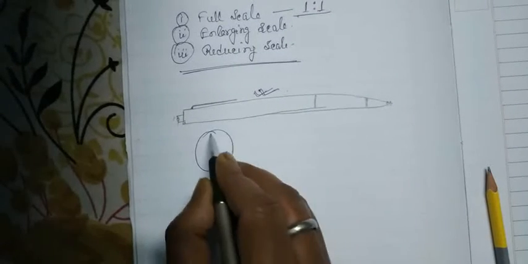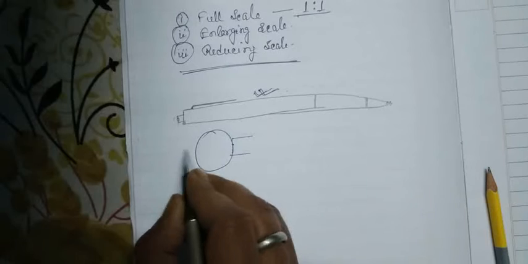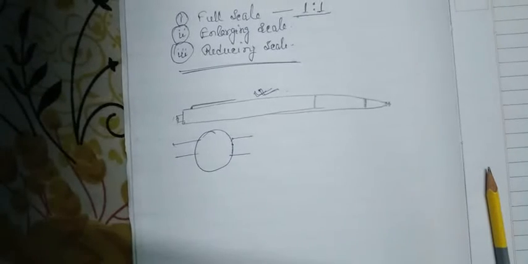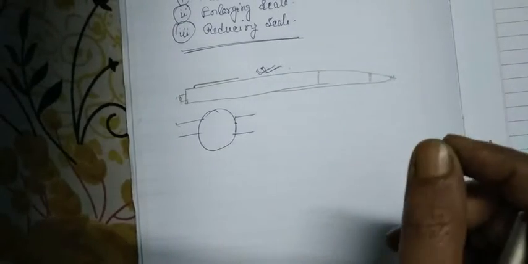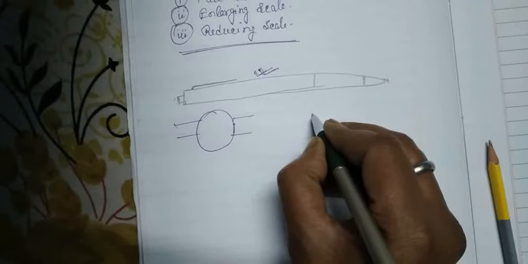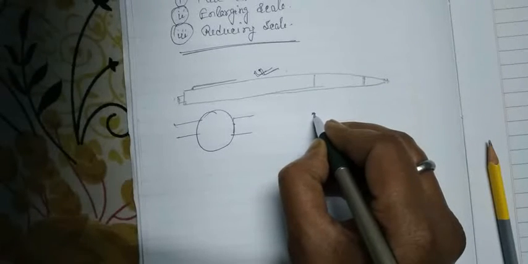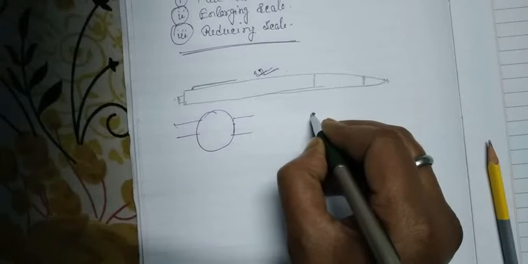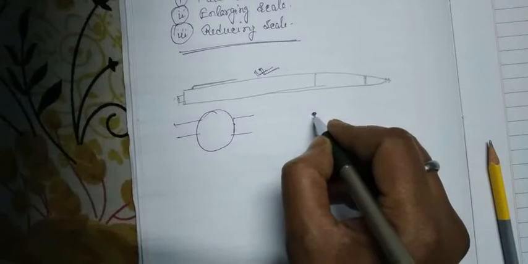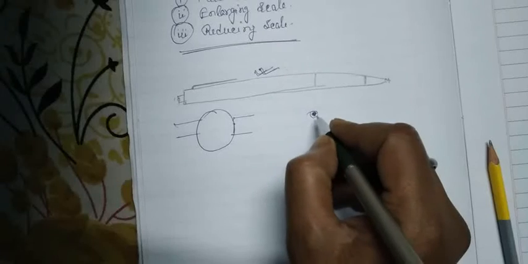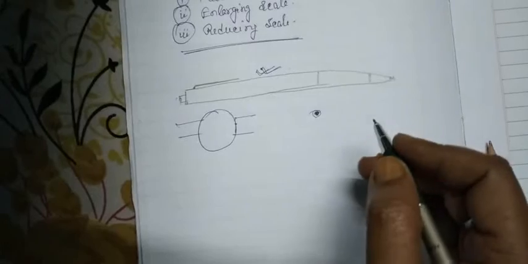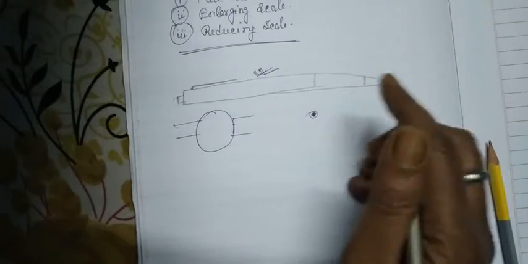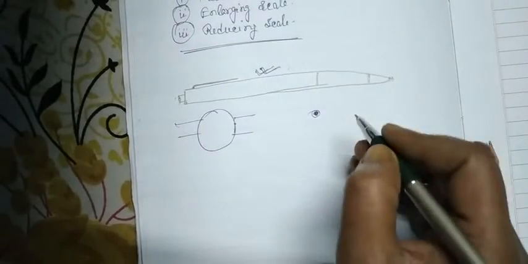Understand? And here so many parts inside this wristwatch are very small. So many gears. Suppose we want to draw a gear at its actual size, you can't understand what the dimension of this gear is. That is very small. In that case, we draw by enlarging the object.